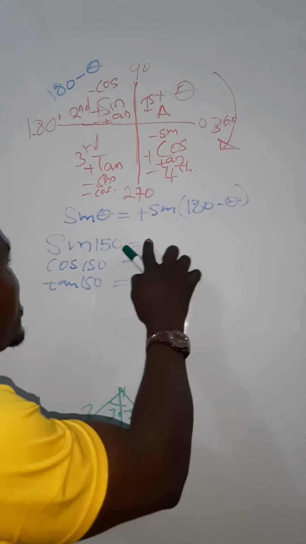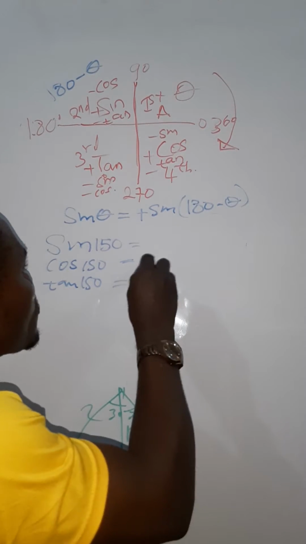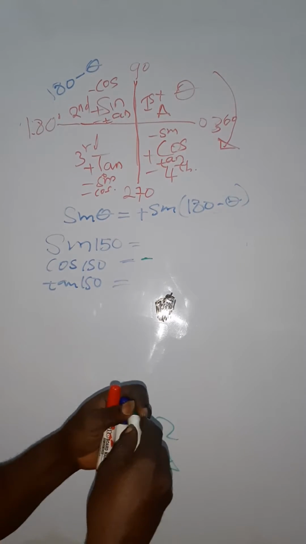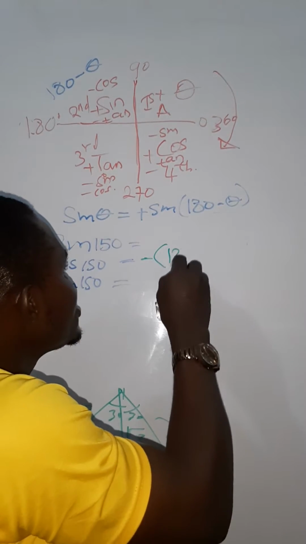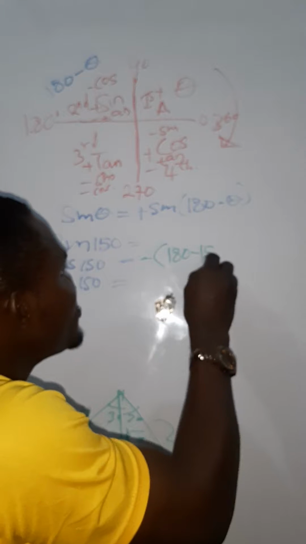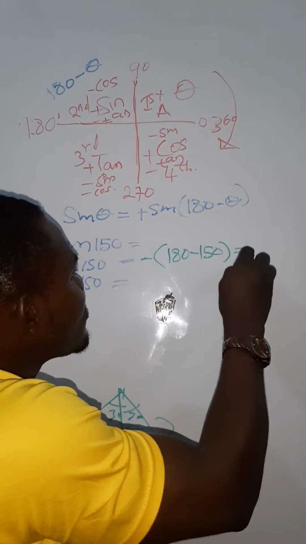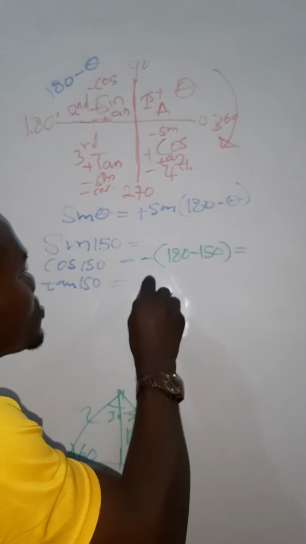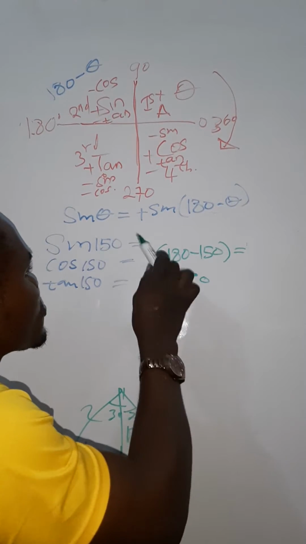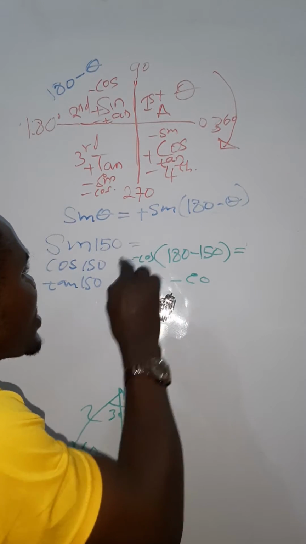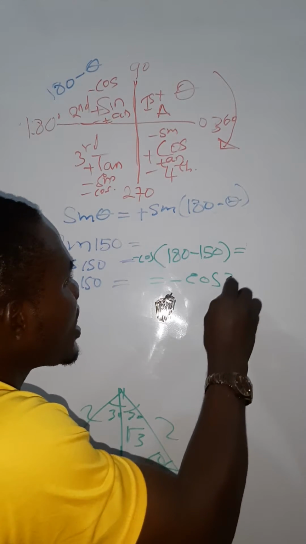In the second quadrant, cos is negative. So I will put 180 minus 150. So what do I have? It equals minus cos 30.